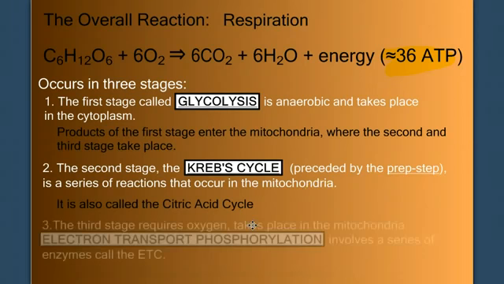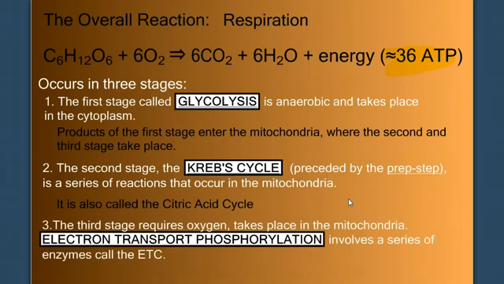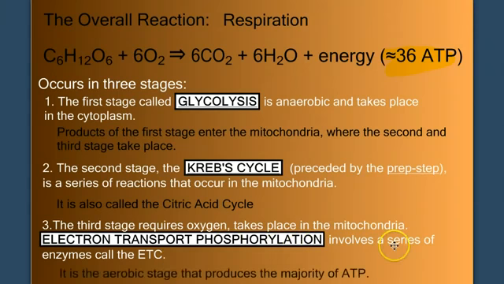And the final stage of respiration is electron transport phosphorylation. It takes place deep inside the mitochondria. It's a series of enzymes embedded in the inner membrane called the electron transport chain. It's this stage of respiration that's aerobic and that will produce the majority of our ATP.